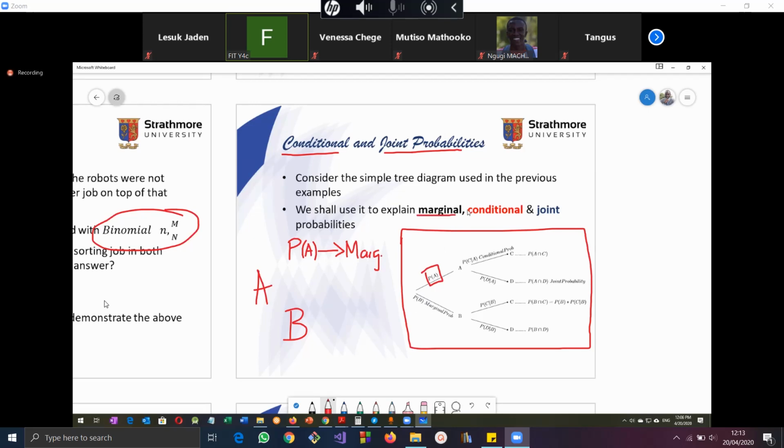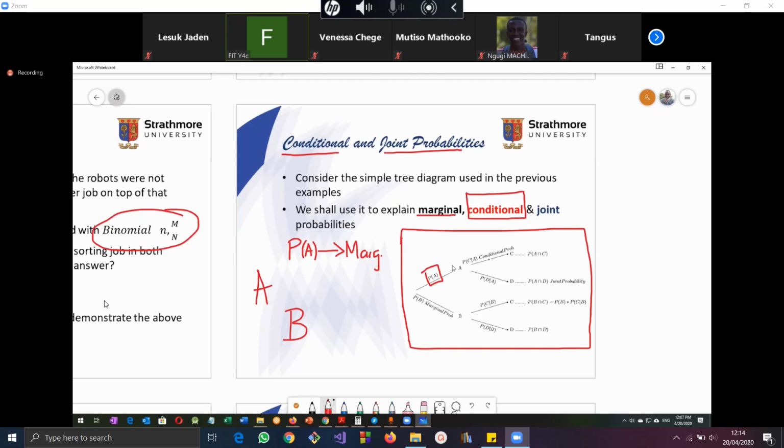Then let's go to conditional probability. What is this guy who is so important? Now, after event A has happened, then event C happens. So the conditional probability is the probability that event C happens given that A has happened.